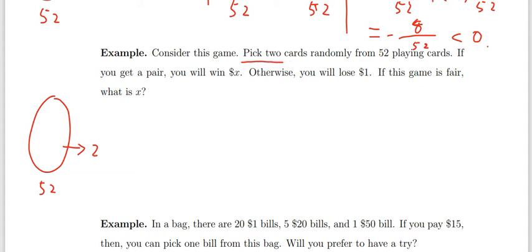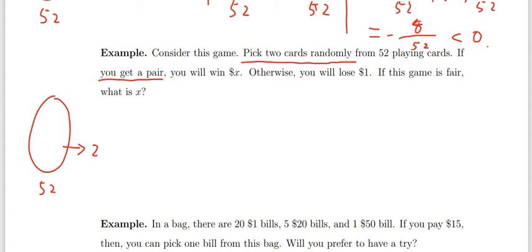And if you get a pair, you will win, so I should give you some money. If you do not get a pair, you will lose $1. You give me $1.